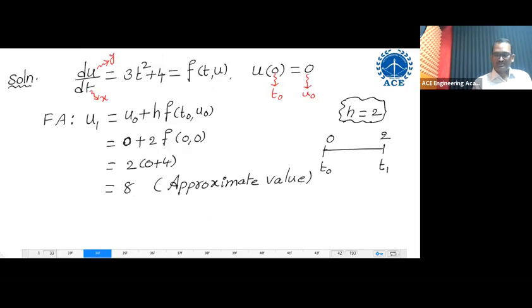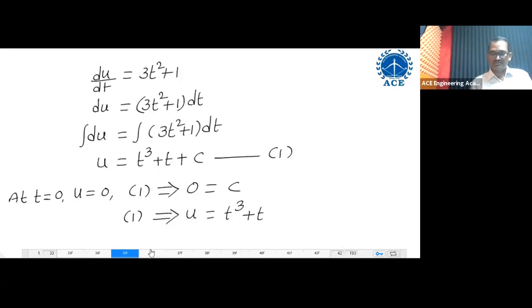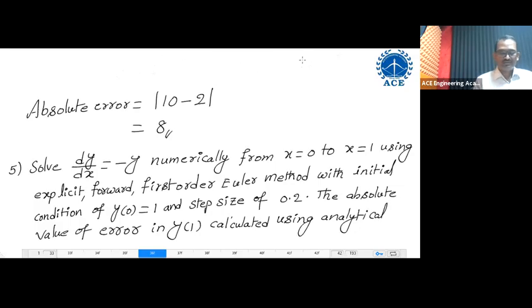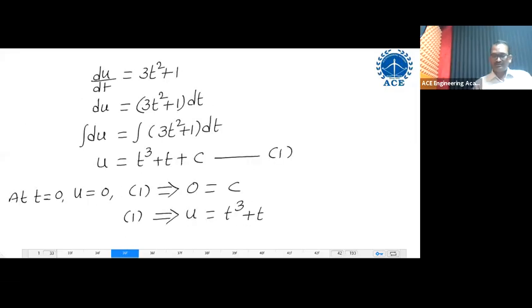Sorry, here at t is equal to... what is the condition we were given? Yes, this is okay, u is equal to 0. Now, this is the condition. At which point do we need to calculate? Here we are finding the exact solution.